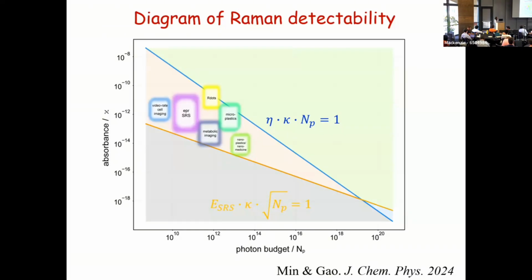It's actually a pretty difficult question to answer in the field, because even though SRS has been developed for a long time, people have always credited it as a faster imaging method compared to spontaneous Raman, but not really the more sensitive one. The reason is that even though SRS provides this 8 orders of magnitude amplification on the vibrational transition, the detection method is essentially shot noise limited.